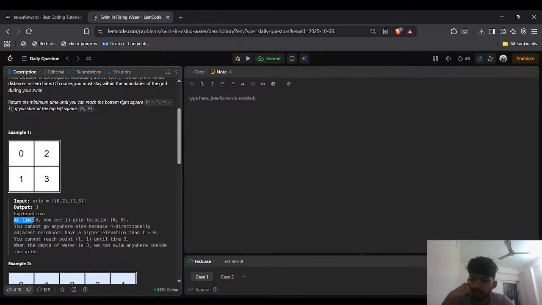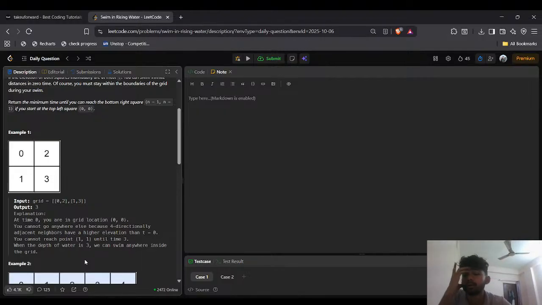At time 0, you are on grid location 0,0. You will not go anywhere else because the 4-direction adjacent neighbors have higher elevation than t equals 0. You cannot reach point 1,1 until time 3. When the depth of the water is 3, we can swim anywhere inside the grid.